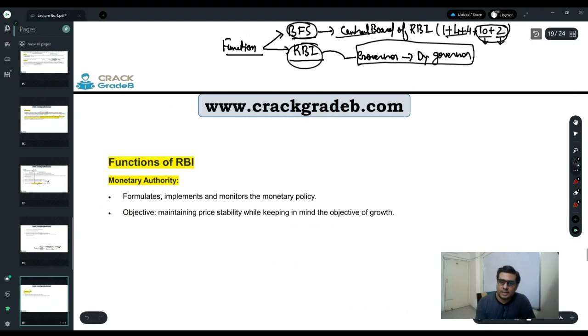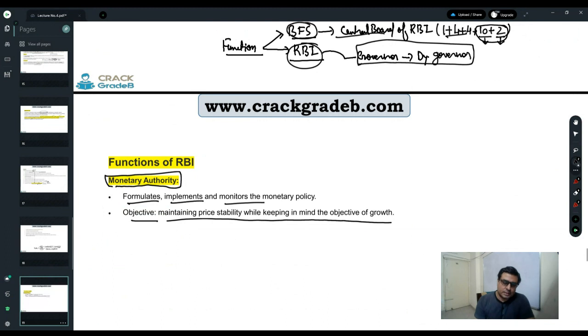So I have already discussed the Board of Financial Supervision. Now we are moving towards the RBI's functions where RBI has complete control. The first and most important function is monetary authority: formulate, implement and monitor monetary policy. The objective is maintaining price stability while keeping in mind the objective of growth.